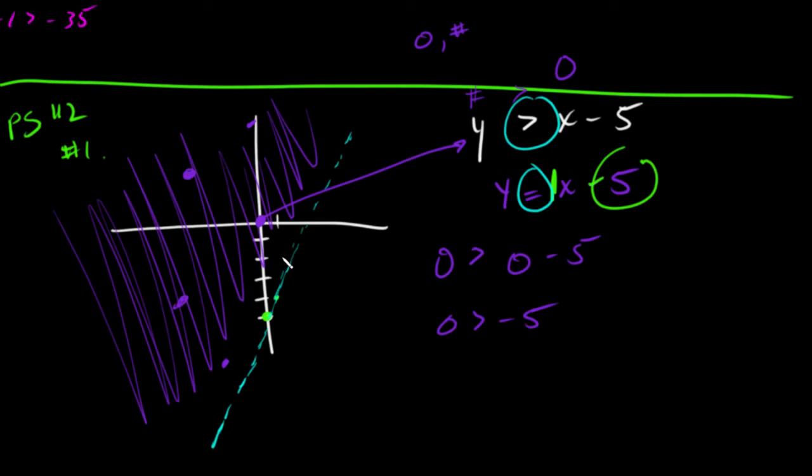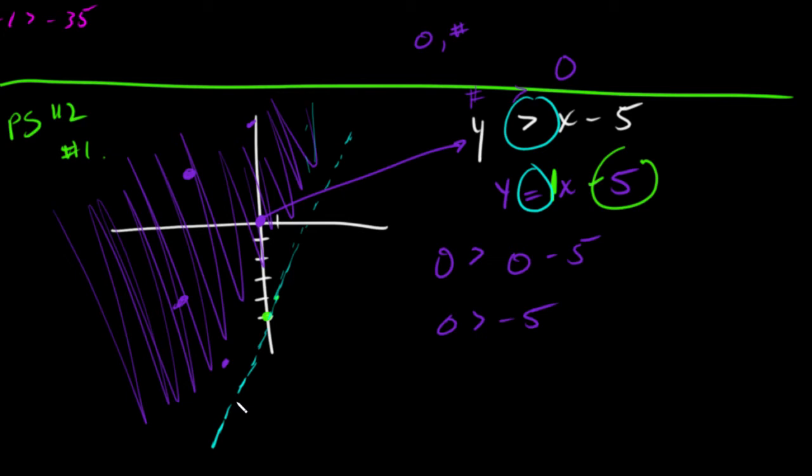Which side is the land of non-solutions and which side is the land of solutions? With that idea comes the idea that everything on this side either is a solution or is not a solution. Everything on this side is the opposite.